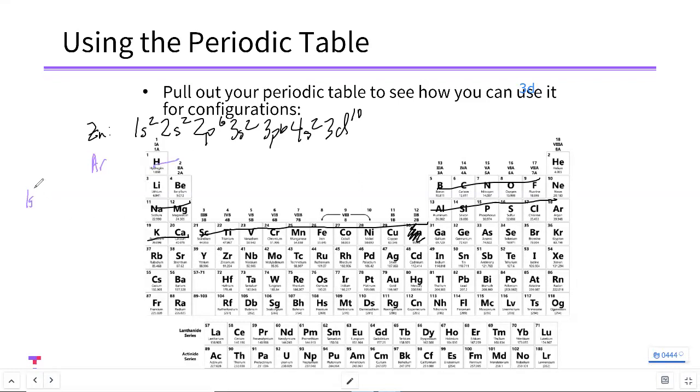So 1s2, then 2s2, then 2p6, then 3s2. Now argon is in the 3p. So we've got to count it out. 1, 2, 3, 4, 5, 6. Its last configuration is 3p6.